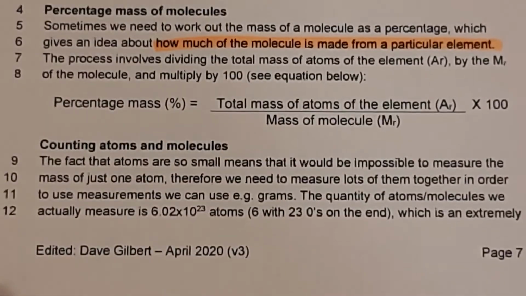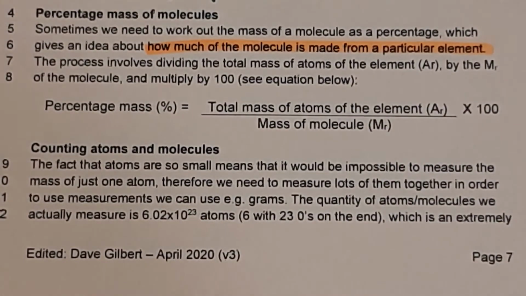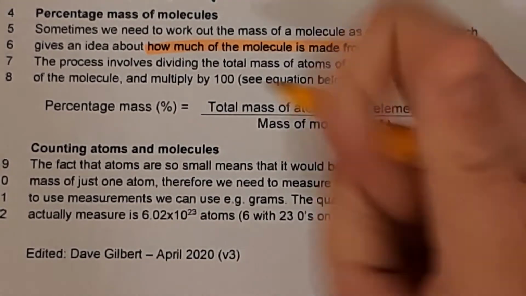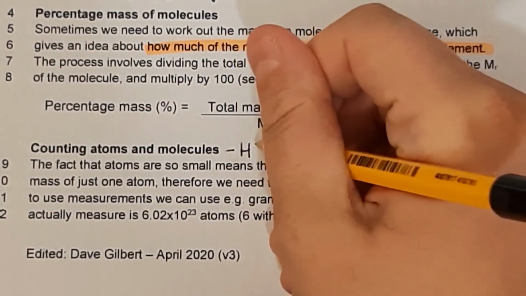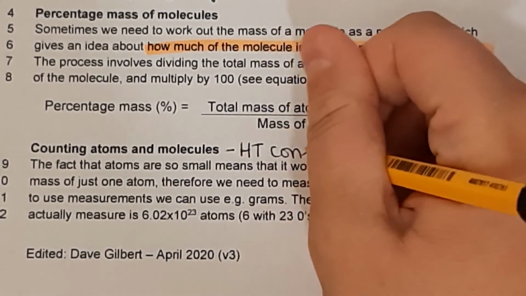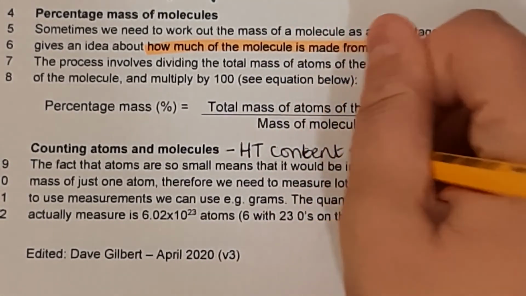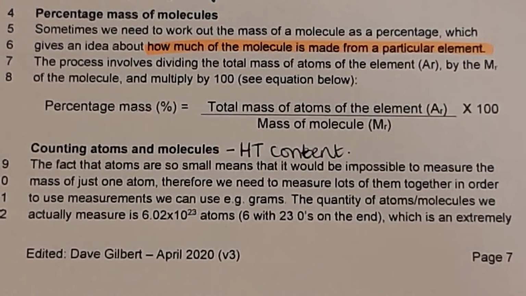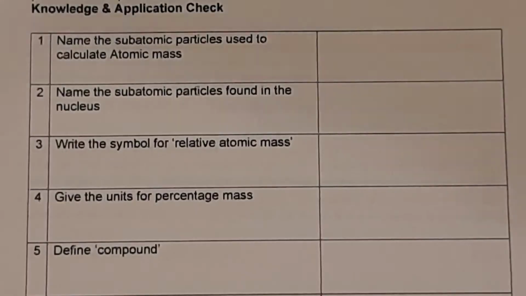So counting atoms and molecules. Now, this is actually higher tier content. So all we need to do for this is put next to it higher tier content. Okay, so if you're a higher tier student, you can skip forwards to the knowledge and application check, okay, and complete those questions.